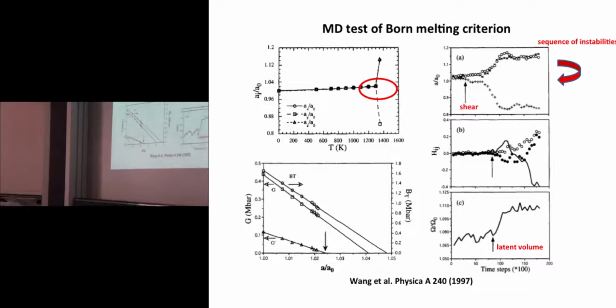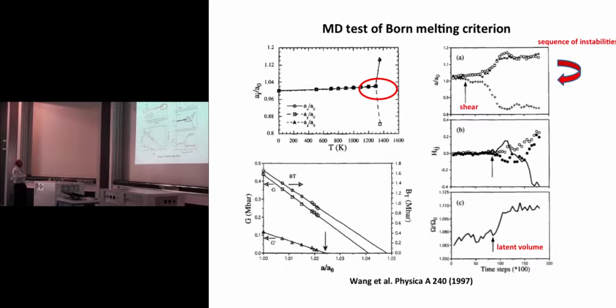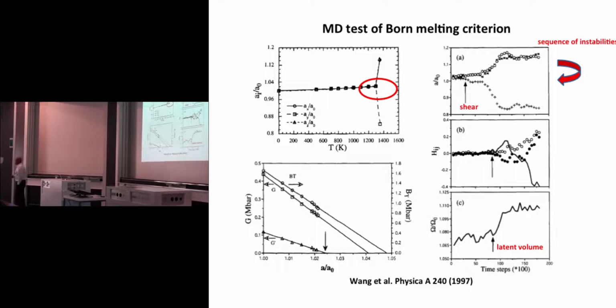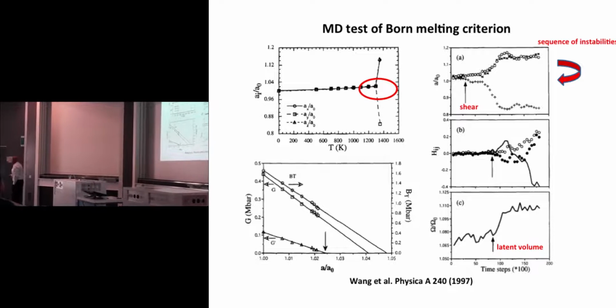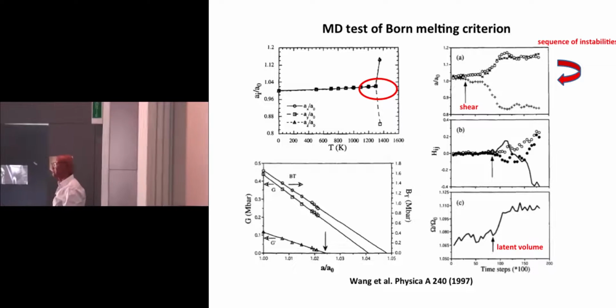So you can follow this extrapolation and say, at what lattice parameter does the elastic constant for bulk modulus go to 0? You notice that the first elastic constant that goes to 0 is this G prime, which is C11 minus C12.